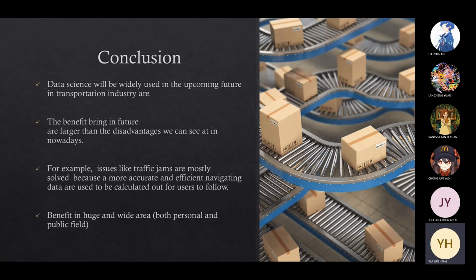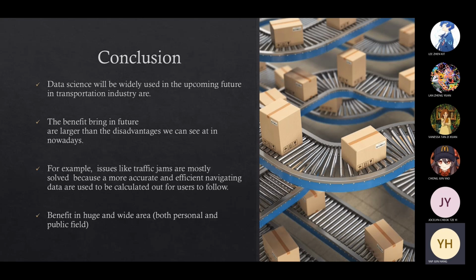The benefits in the future are larger than the disadvantages we can see nowadays because, for example, issues like traffic jams are mostly solved when more accurate and efficient navigation data are calculated for users to follow. As an example, we as users use navigation applications like Google Maps or Waze to navigate to the location we want to go to.